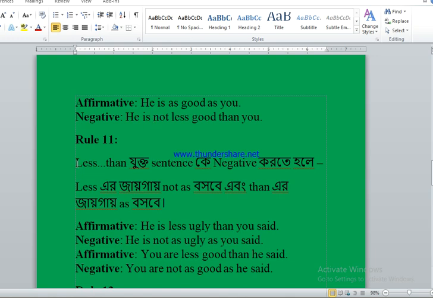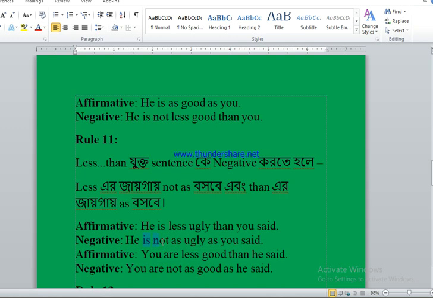Rules number 11. Less dot dot than, affirmative sentence. However, we can change less dot dot than affirmative sentence to negative sentence. Let's see. First you will use he as the subject of the negative sentence. Then you will add the verb is.